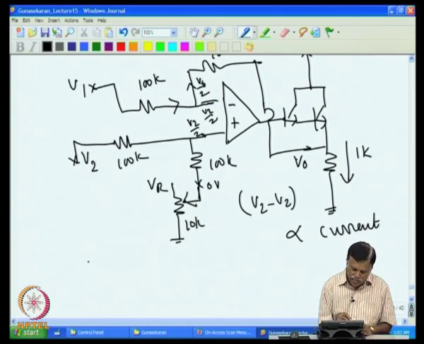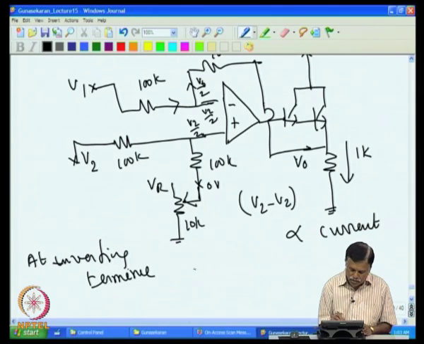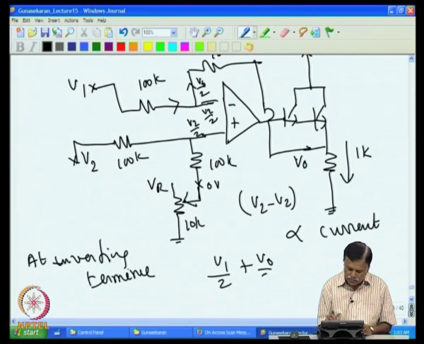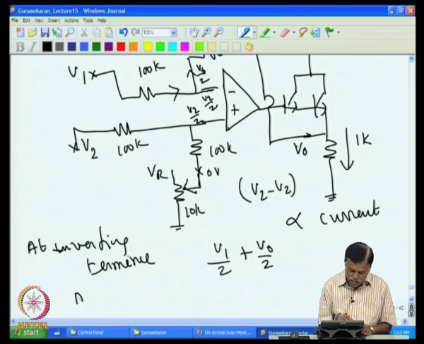So, the voltage at the minus terminal, the inverting terminal, is V1 by 2 plus V0 by 2, and that is supposed to be equal to the voltage at the plus terminal.